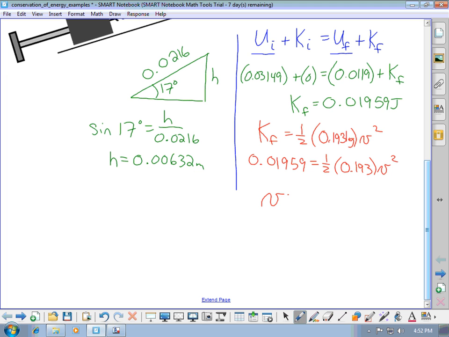And if you solve that for the speed, you get a speed of 0.4506 meters per second.